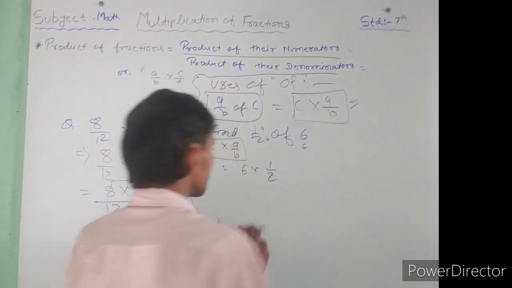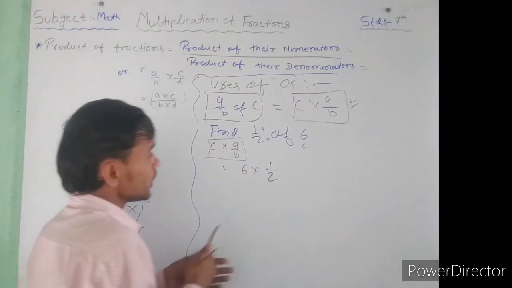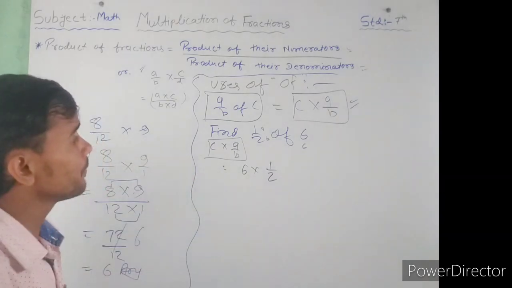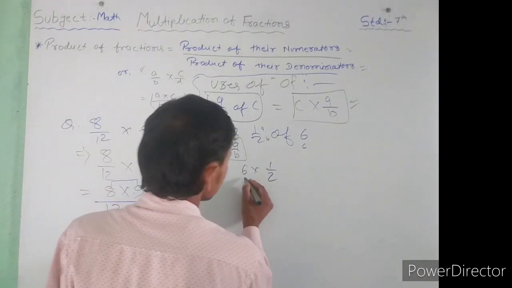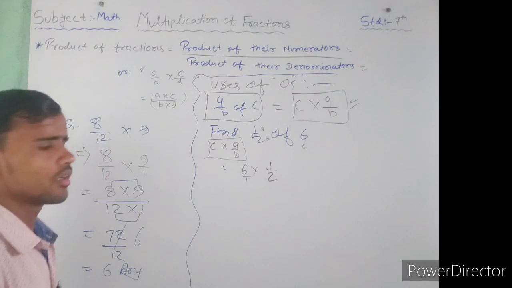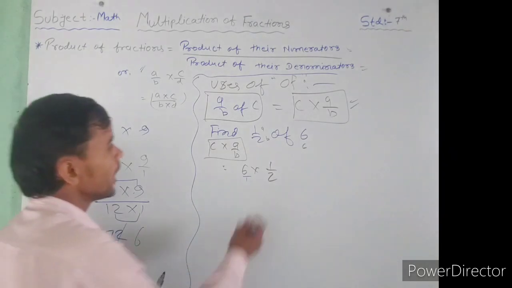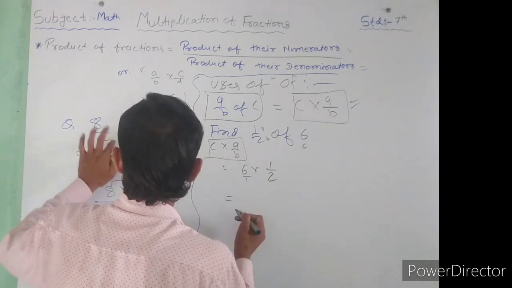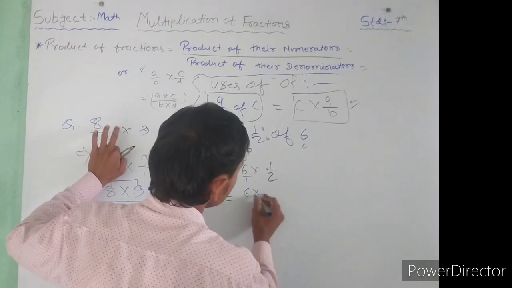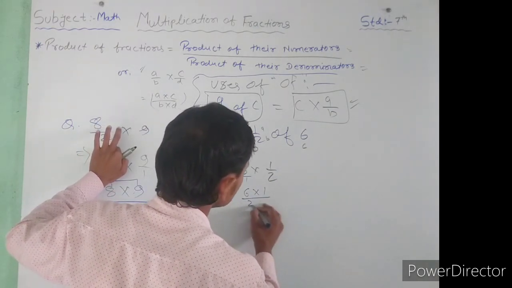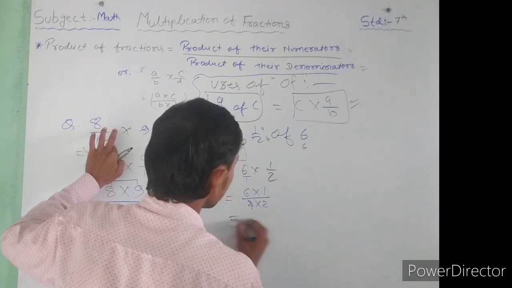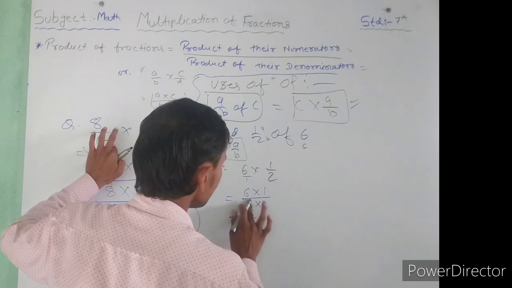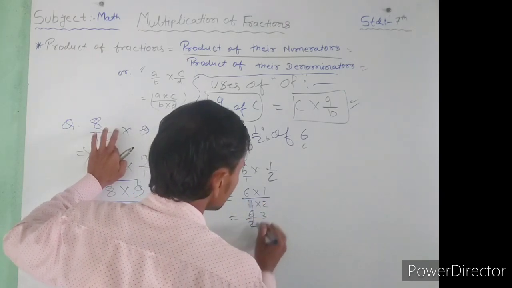When you start to solve the question, firstly you convert it into that form. You multiply with 1 and 2, so 6 by 2 means 3.